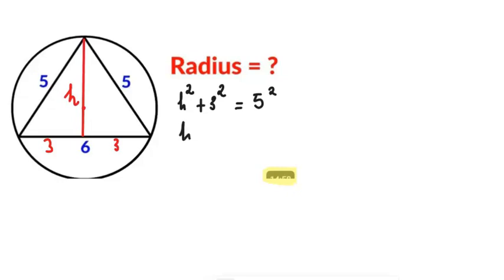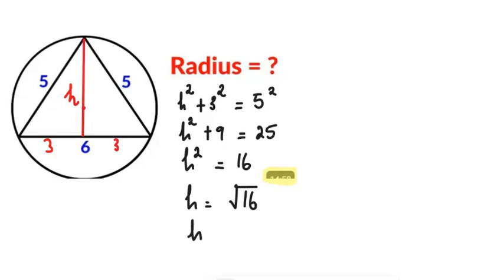So here h squared plus 3 squared, 9, is equal to 5 squared, which is 25. So here we get h squared is equal to 25 minus 9, giving us 16. Here h is going to be equal to the square root of 16. Here we get h is equal to 4.